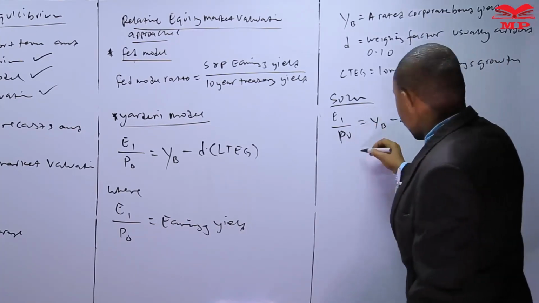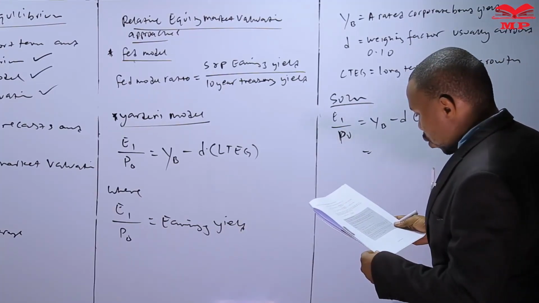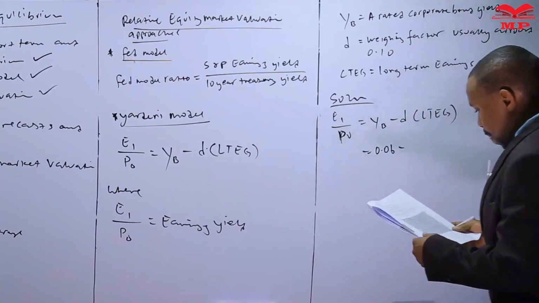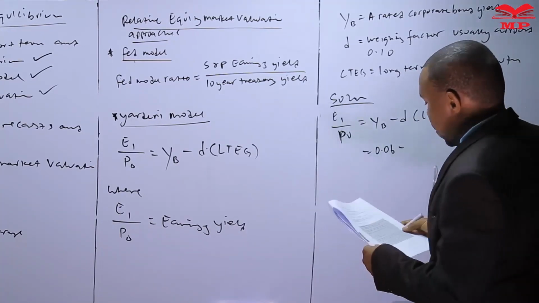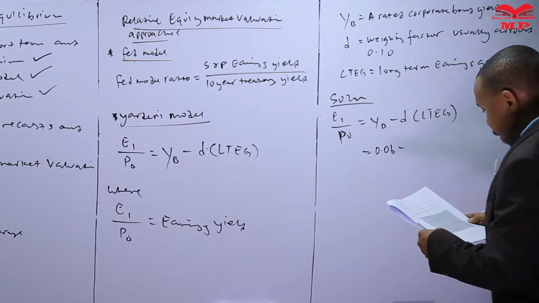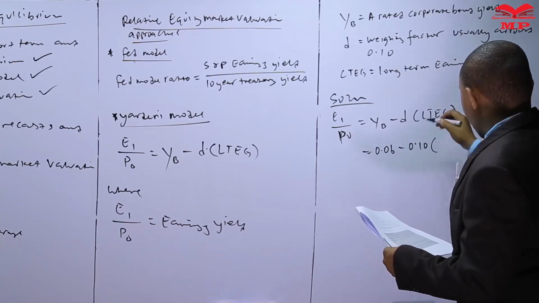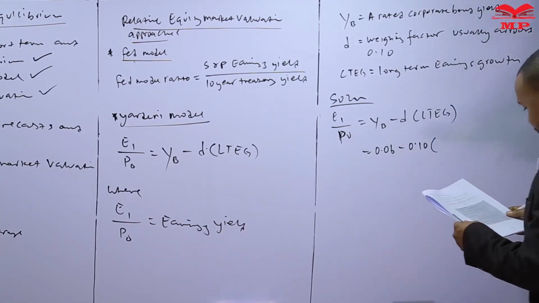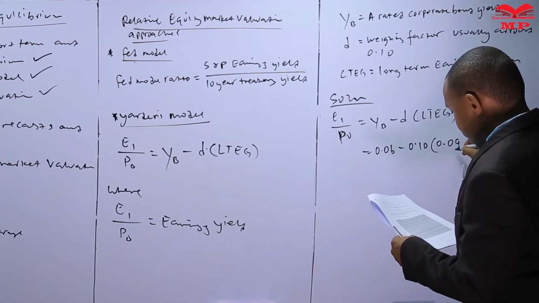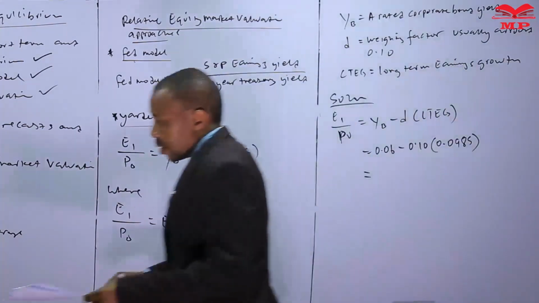The YB, the yield provided by the corporate bond, is 6%, so 0.06, minus the D component, the weighting factor, which we've been given as 0.10, and the long-term earnings growth rate, which we have been given as 0.0985. So how much is the earnings yield?